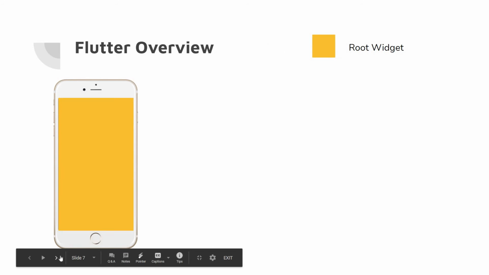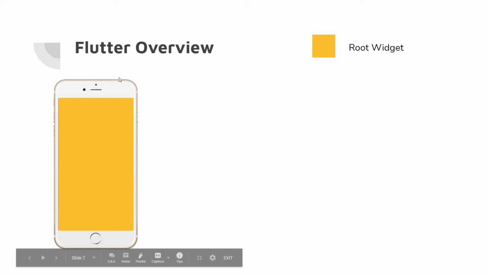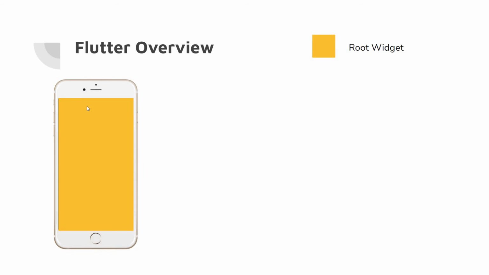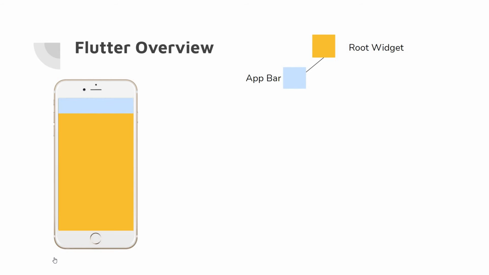So, Flutter overview. Now we are starting with the overview. This whole part, our whole app, is a root widget. Then we are going to add other widgets into the root widget. We are going to add our app bar into our root widget.